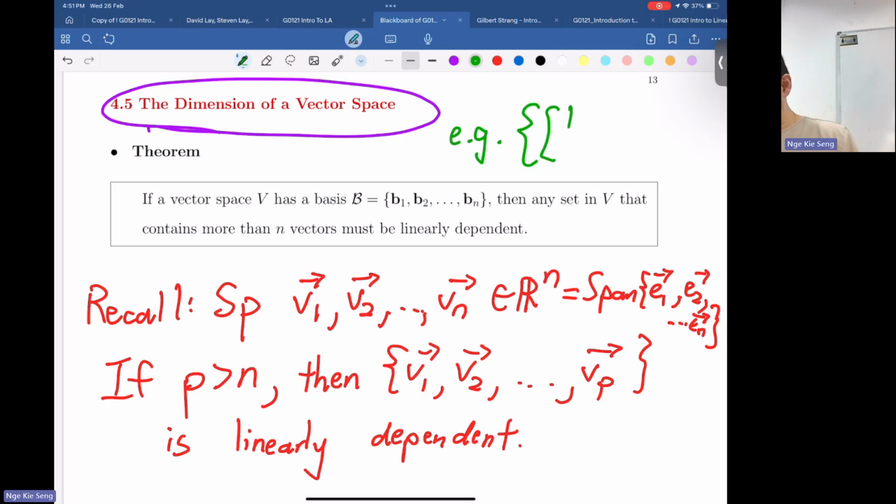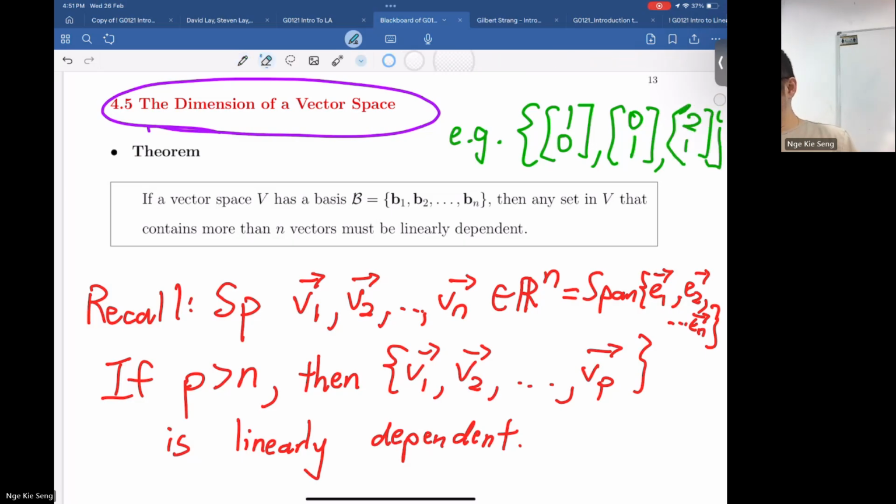Let's look at this one. One of them must be linearly dependent on the others, because in R2, the basis is what? You can pick E1 and E2. E1, E2 is already inside here. And then all the other vectors must be a linear combination of these two.